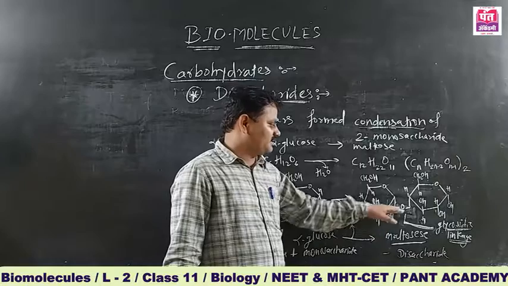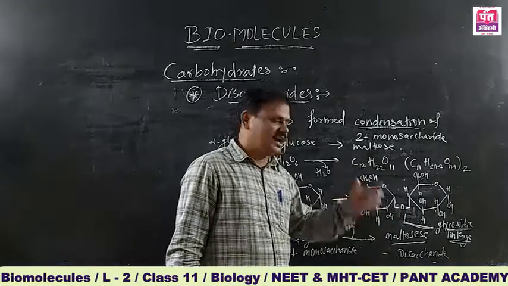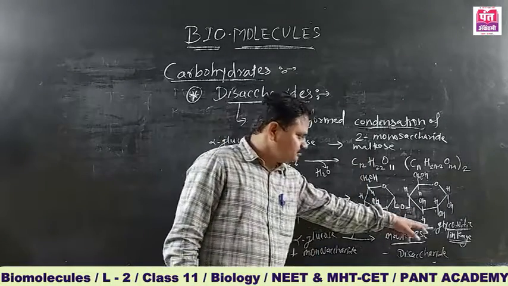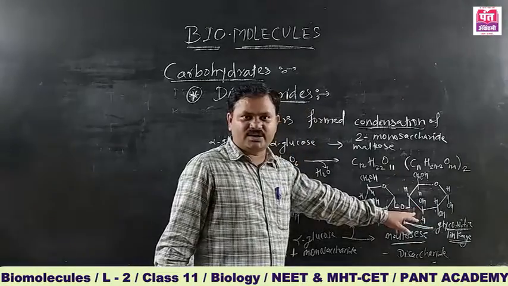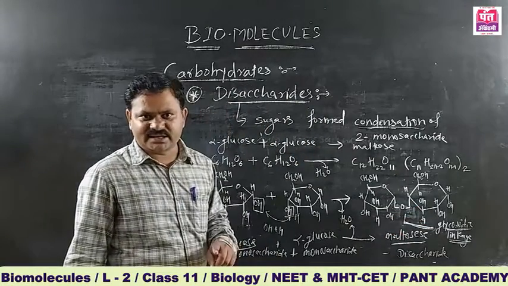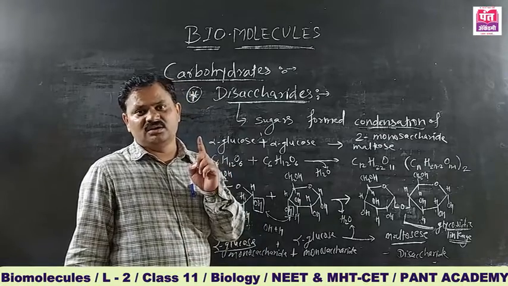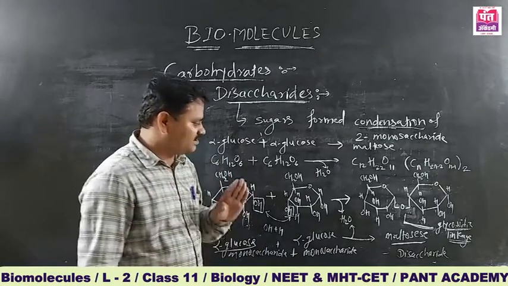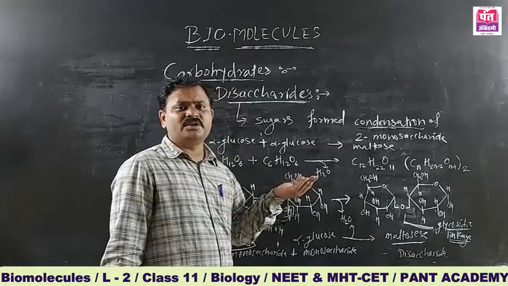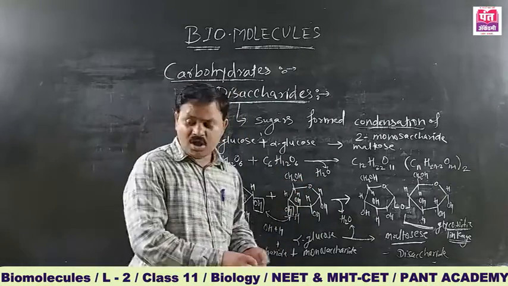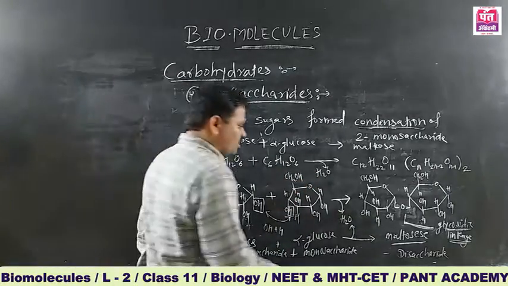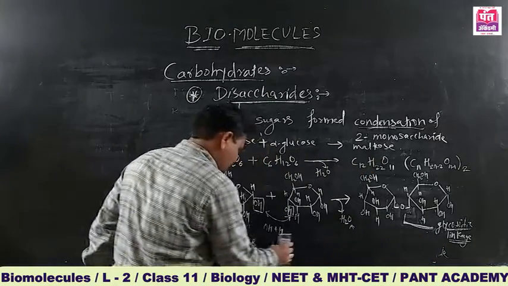So we can say that this is the disaccharide, and a disaccharide contains one glycosidic linkage. In a single disaccharide there is a single glycosidic linkage, and this linkage can be termed in a different way.